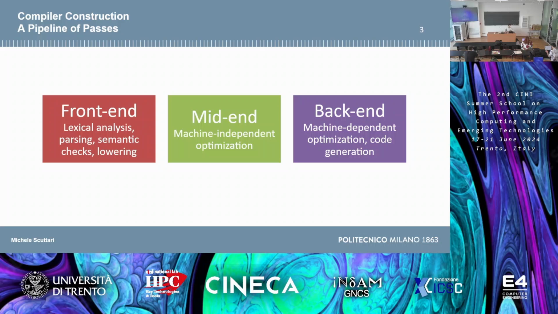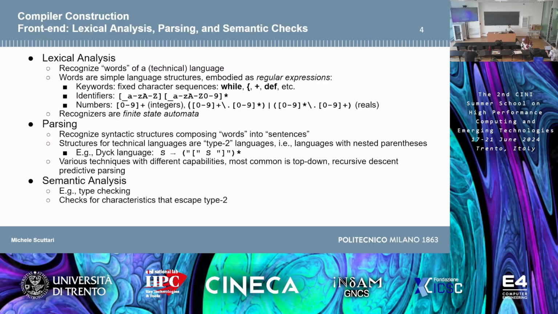Then what is inside the front end? Inside the front end, we have, once more, multiple steps. In the first place, we need to consider that a programming language is composed of words. It's a language, so it's composed of words that are built together into sentences.